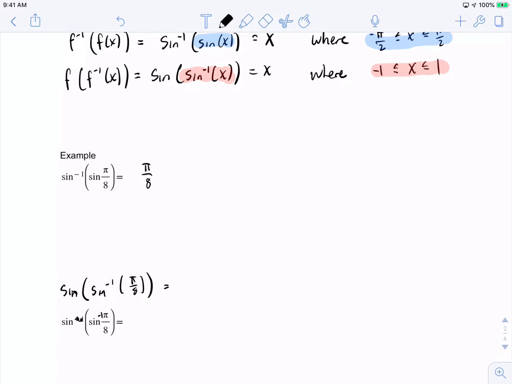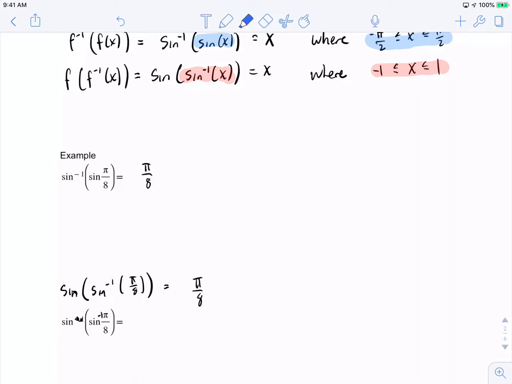And what's going to happen here is pi over 8, if we use a calculator, would be 0.39. And that clearly falls within our negative 1 to 1 area. And so this will be equal to pi over 8 also.